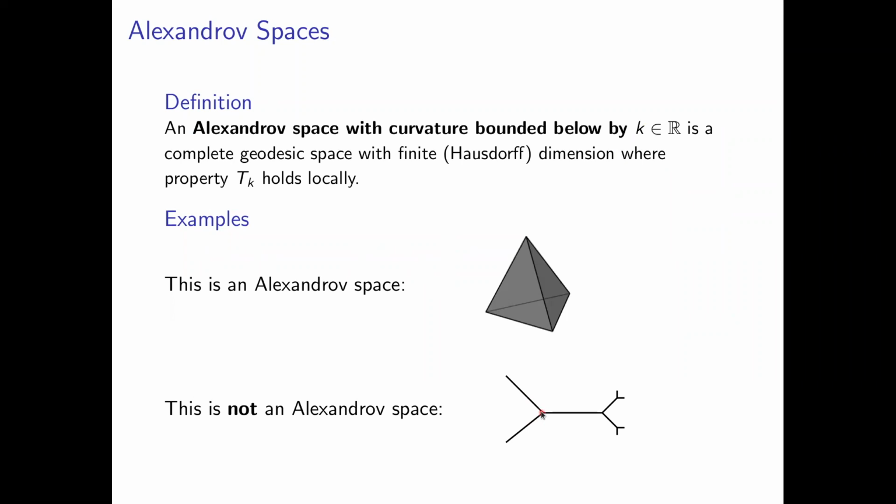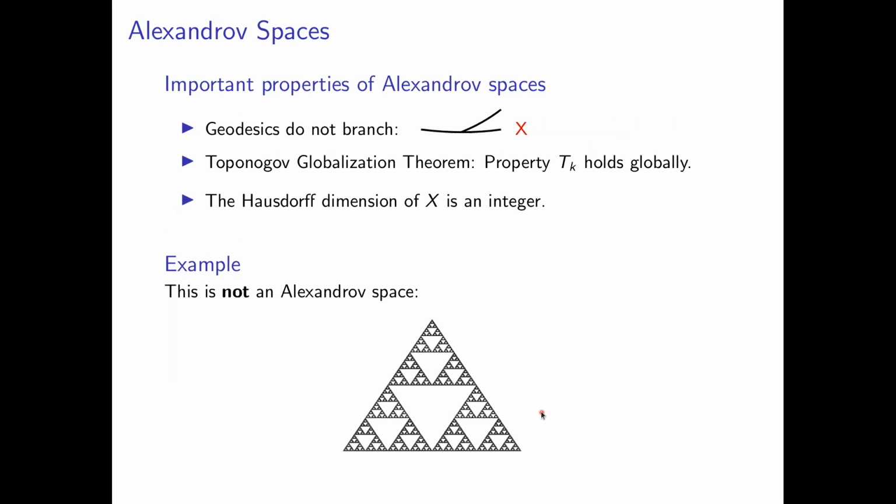One can show that geodesics do not branch for Alexandrov spaces, and there's also the globalization theorem of Toponogov. So this property Tk holds globally, not only locally, which is in the definition, but for any geodesic triangle in the space. Also the Hausdorff dimension of the space is an integer, and it's constant.